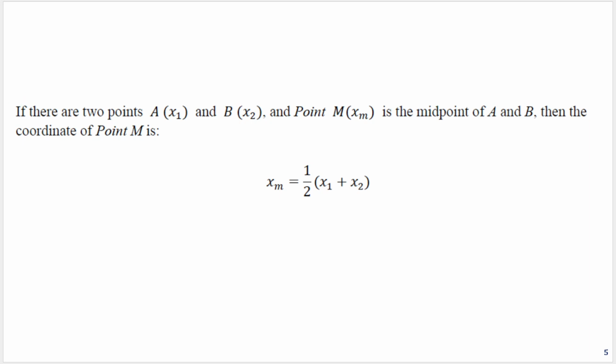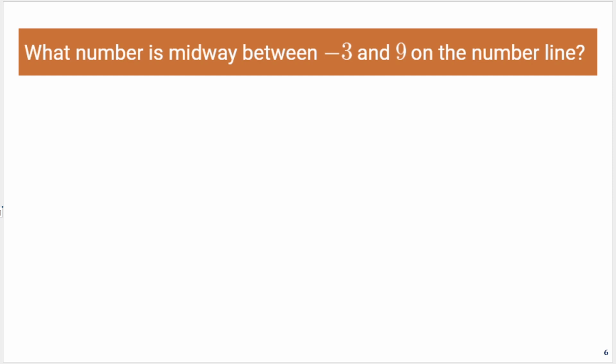Alright, then let's see an example here. What number is midway between -3 and 9 on the number line? So apparently this question asks you to find the midpoint between these 2 points in 1D space, right?